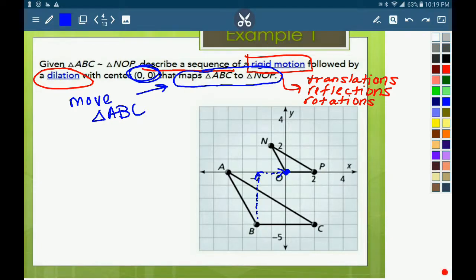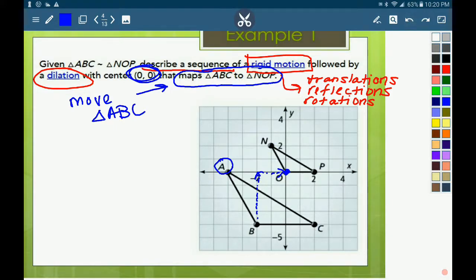The reason for that is I don't have to reflect, I don't have to rotate, because I can tell that these triangles are oriented the right way. A is supposed to correspond to N, and A is in the top left corner, so is N. C is in the bottom right corner, so is P, and those two are supposed to correspond.